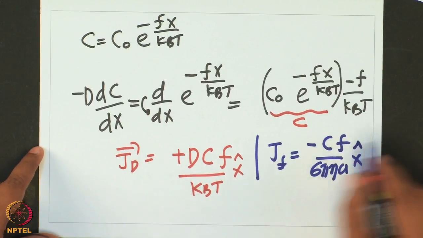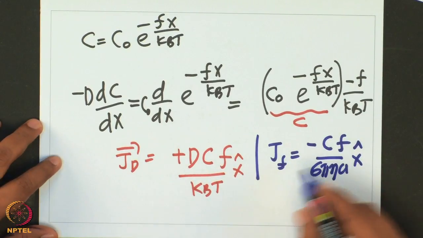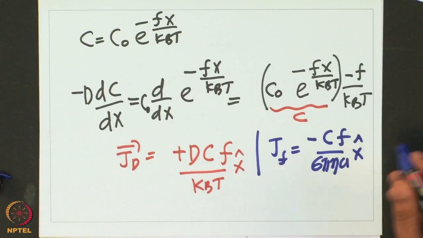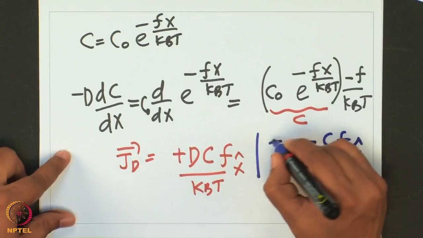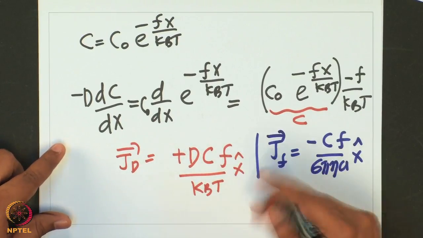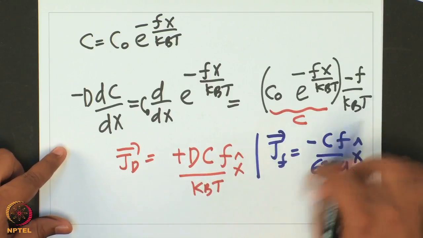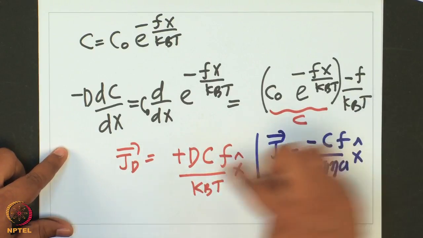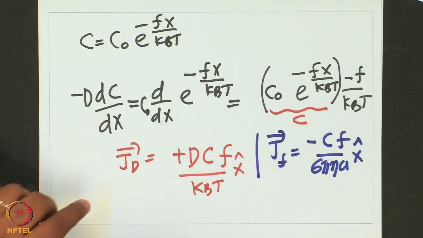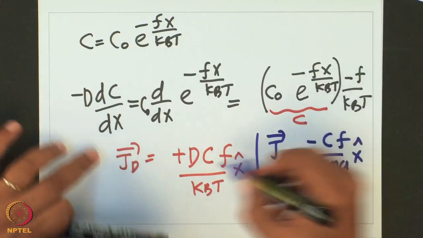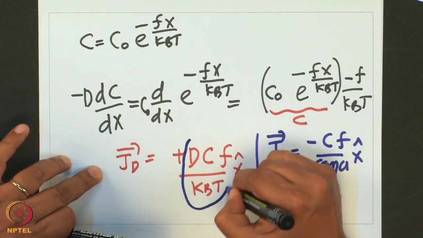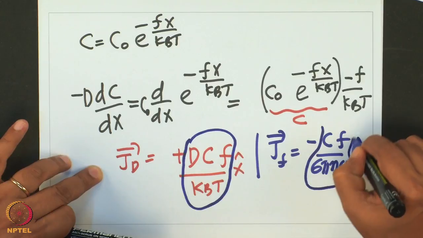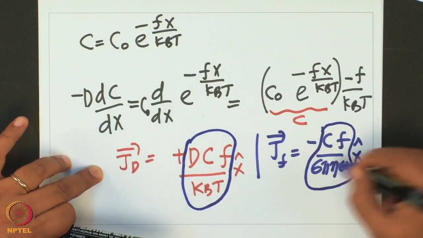If the total flows are equal and opposite, then one has to equate these two, and with the fact that they are opposite, I can essentially equate the magnitudes. So let us equate the magnitude of this, which is D C f by kBT, and the magnitude of this, which is C f by 6 pi eta a.